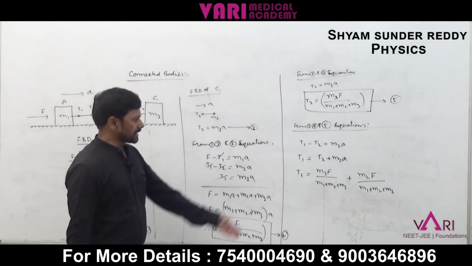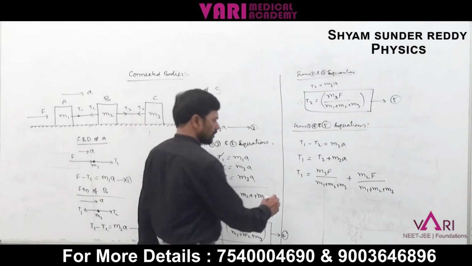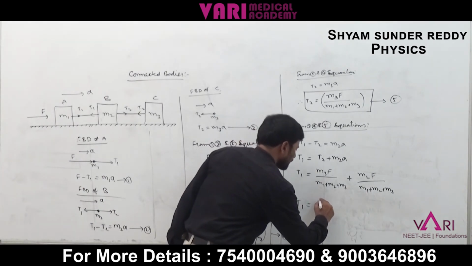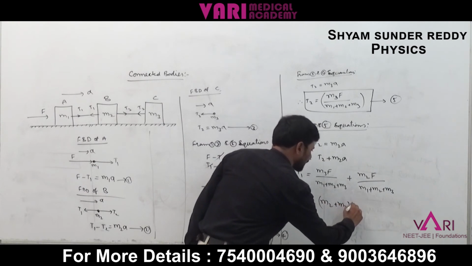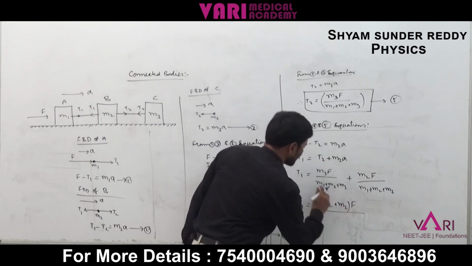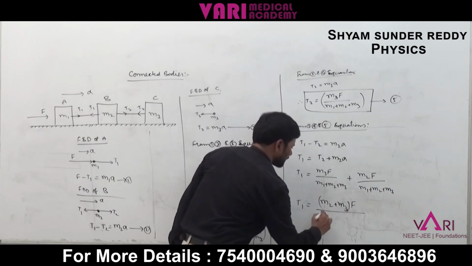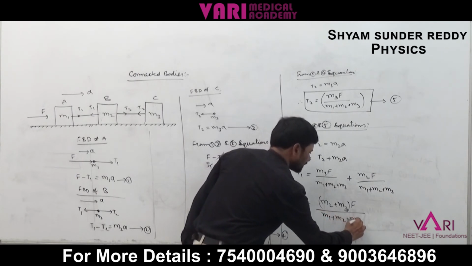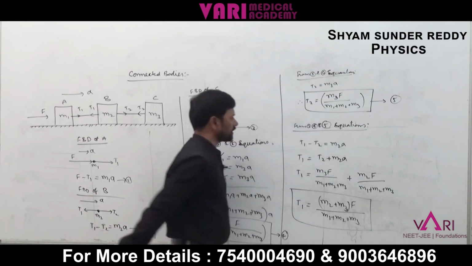In this case, F by M1 plus M2 plus M3 is the common. So we can take T1 is equal to M2 plus M3 into F by M2 plus M3, M2 plus M3 by M1 plus M2 plus M3. This is the answer, T1.